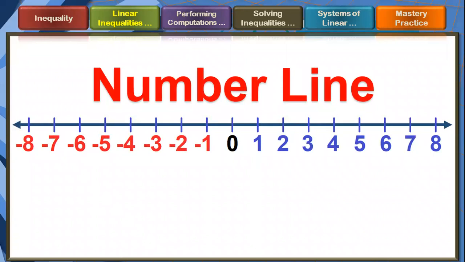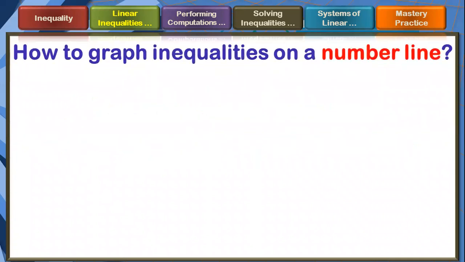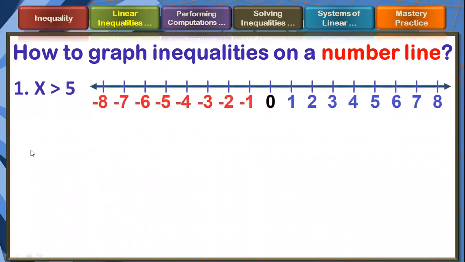Now, how do we graph an inequality? For this one, we need a number line. If we were given the following inequality, for example, X is greater than 5, how do we graph it? Now try to look at this one.